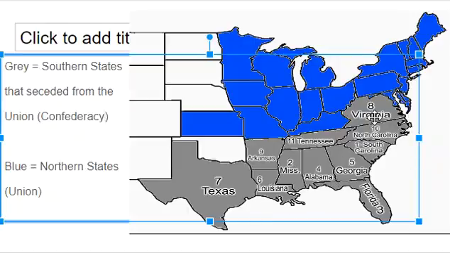They said, you know what? We don't agree with you guys. We don't want to be part of the United States. So they formed their own country called the Confederacy. And the blue, that's the northern states. They're the ones that don't like slavery, so they're going to end up fighting the southern states. They're going to go to war.